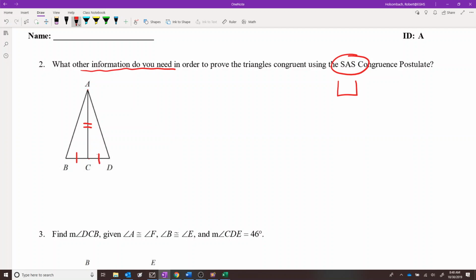Well, in side, angle, side, if you've got two of the sides, what else do you need? You need an angle, don't you? And it's got to be the included angle. So that means it has to be this angle down here. Right here and here. Those two angles have to be equal to each other.